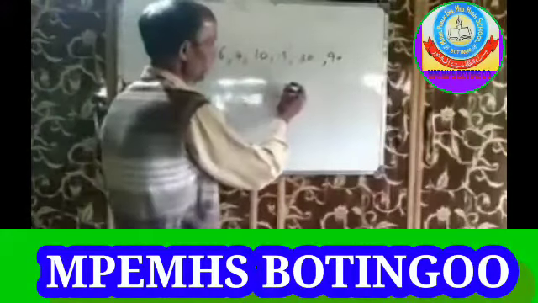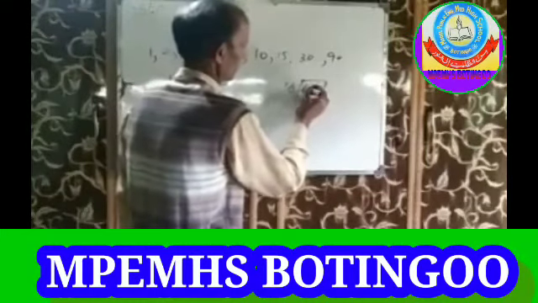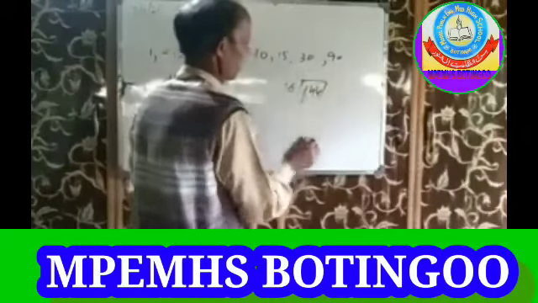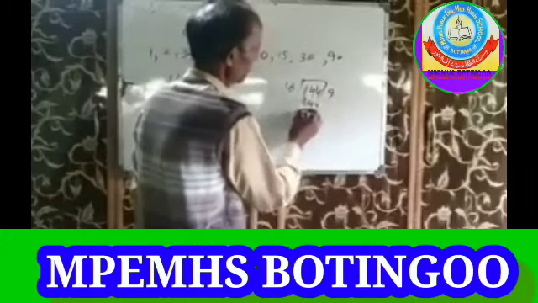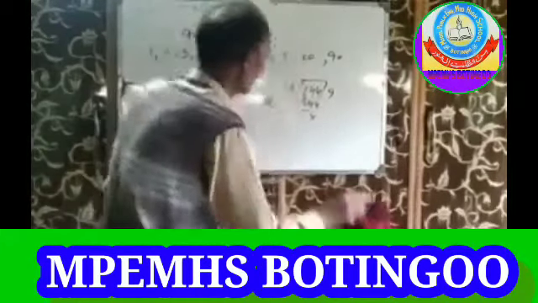Just we try 16. 9 16s are 144. 16 is a factor of 144.